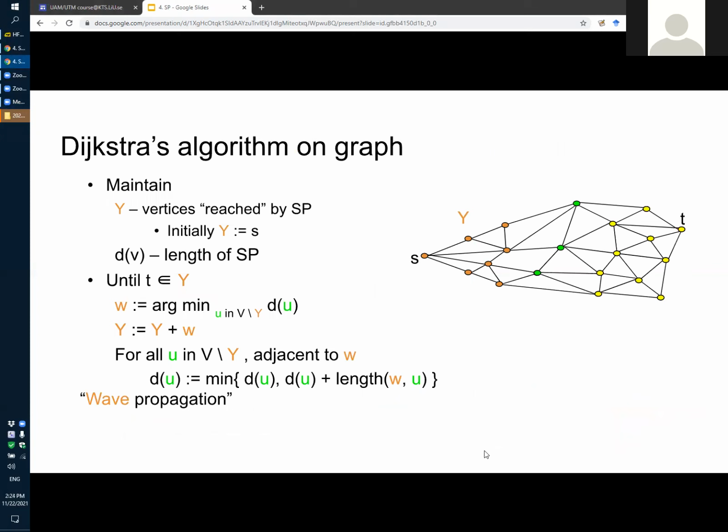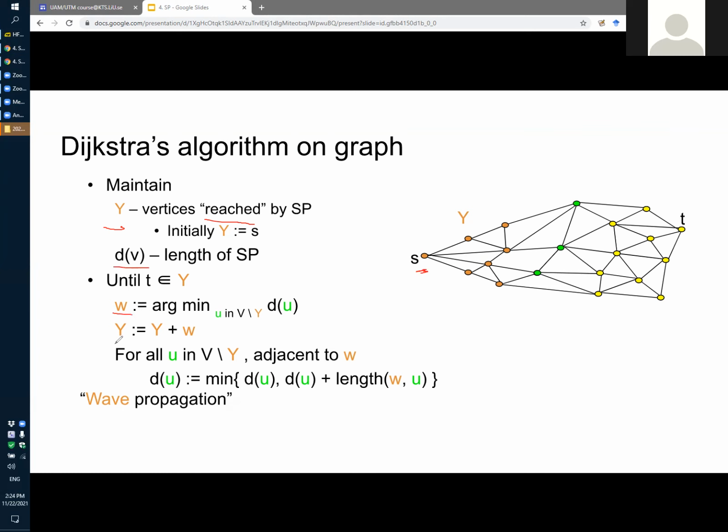And in fact, here is the slide that I was using in the basic algorithms course. In general, the way you can think of Dijkstra's algorithm on a graph is that it maintains the set of visited vertices, the vertices reached by shortest paths, and initially it contains only the source, the vertex S, and it maintains labels.